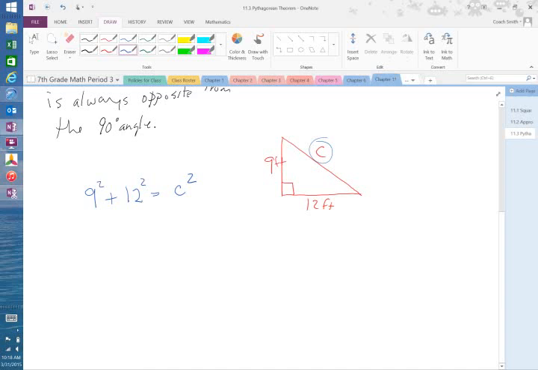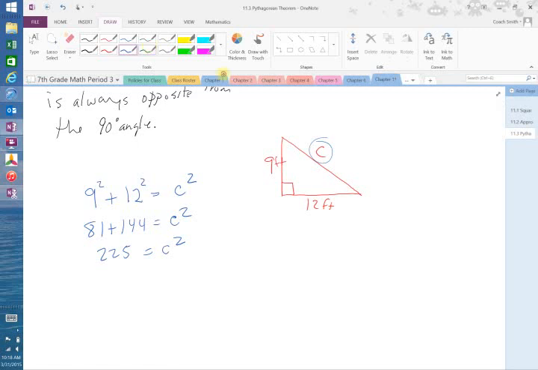What is 9 squared? 81. 12 squared is 144, giving us C squared. And what is it? 225. So 225 is equal to C squared. In other words, C times C is equal to 225.